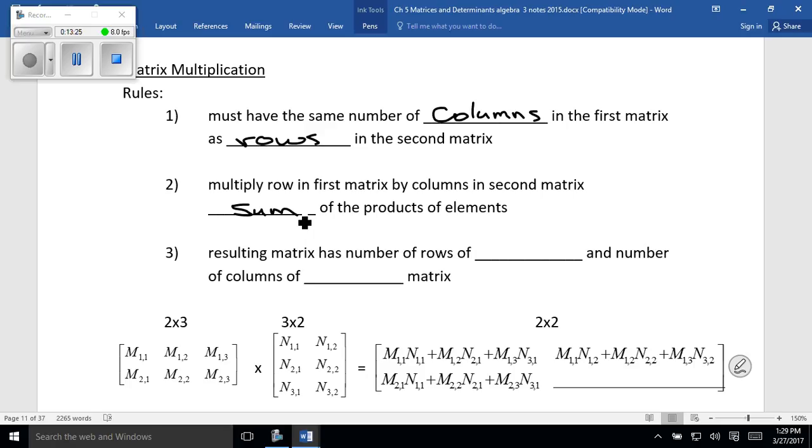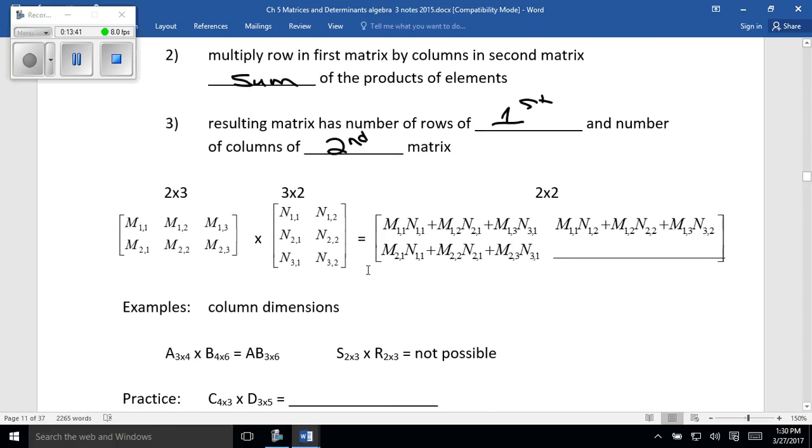All right. The resulting matrix has the number of rows of the first and columns of the second. Sounds harder than it is. If you pay attention, it is not bad. The first thing you do is write the sizes down. So this is a 2 by 3 and a 3 by 2.